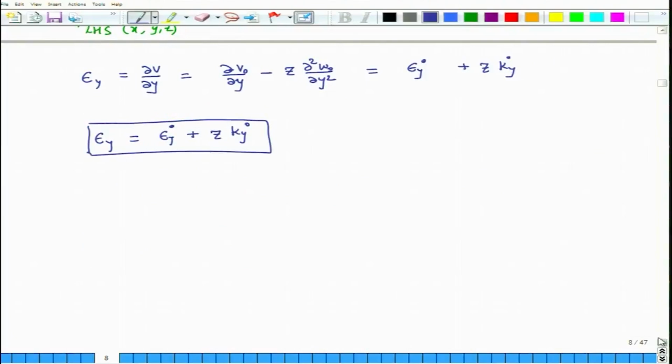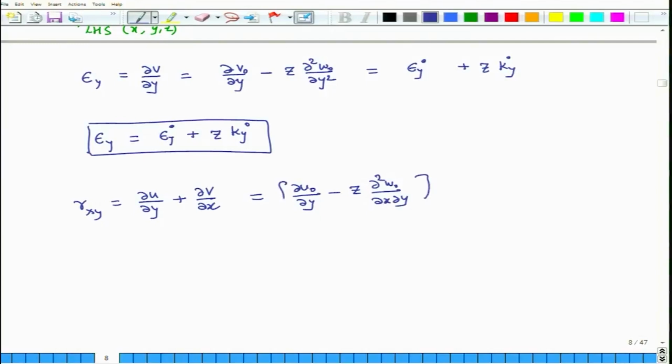And the third relation is gamma x y, which is del u over del y plus del v over del x. We do the same math again and we find del u naught over del y minus z del 2 w naught over del x del y.